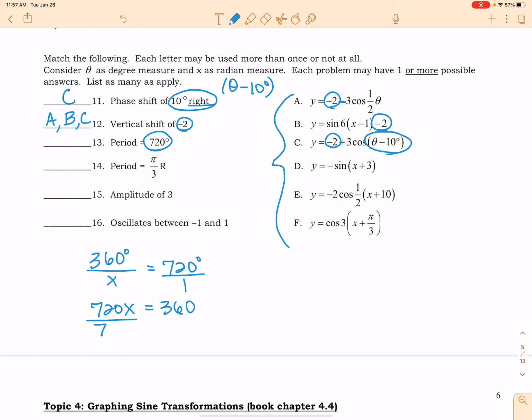And then when I divide by 720, I get that x, this reduces to 1/2. So I'm looking for an equation in which I have a 1/2 directly following the sine or cosine. And it has to be in degrees.